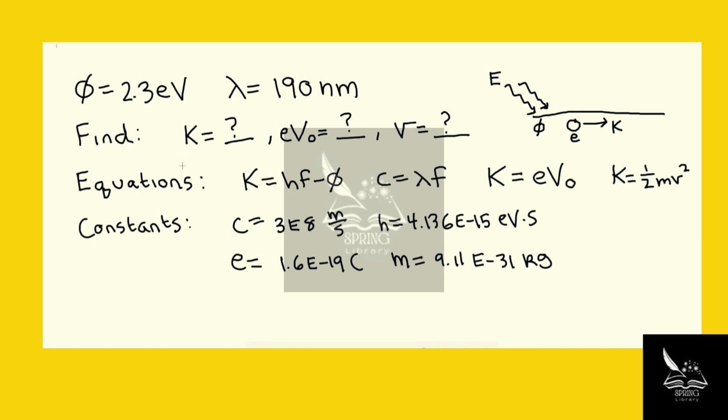Taking a look at the equations, we'll need to find all the quantities. We can start with the principal photoelectric effect formula, K equals hf minus phi. In other words, the kinetic energy of any ejected photoelectrons will be equal to the energy of the incident light minus this work function energy. Now in this problem, we don't know the frequency of the incoming light.